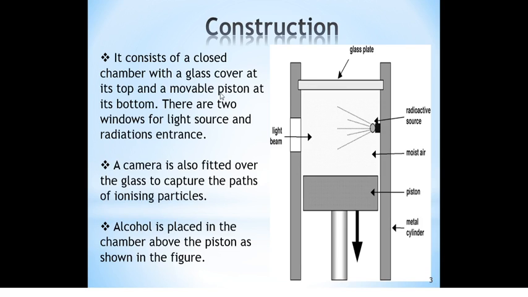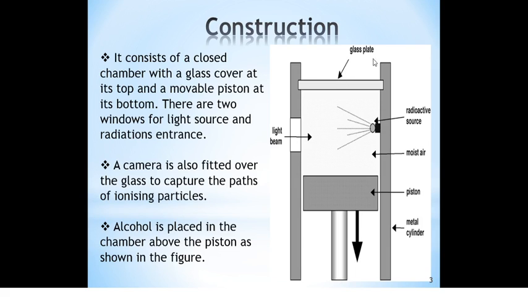So let's move on to the writings. It consists of a closed chamber with a glass cover at its top and a movable piston at its bottom. There are two windows, that is for light source and for radiation entrance. See, a camera is also fitted over the glass. So here this is a glass plate, isn't it?